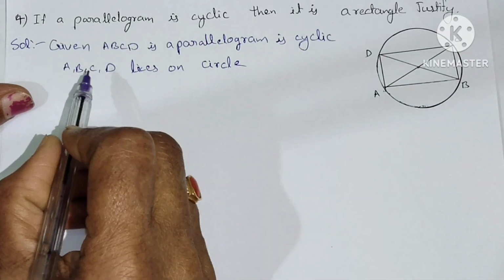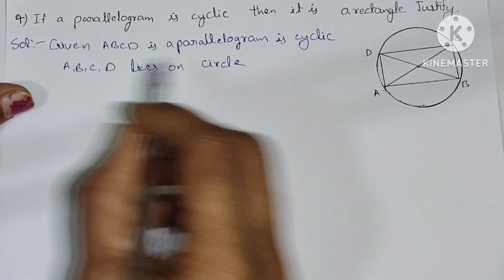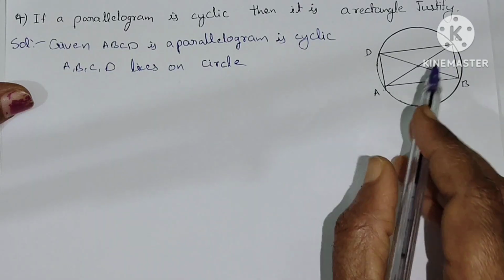First, it is cyclic. Cyclic means the sum of opposite angles is equal to 180.